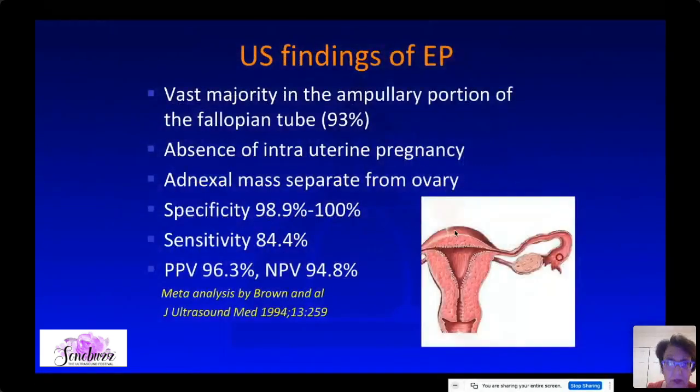Okay, the vast majority of ectopic pregnancies are in the ampullary portion of the fallopian tube. So the ultrasound findings are pretty simple: no IUP and an adnexal mass separate from the uterus.